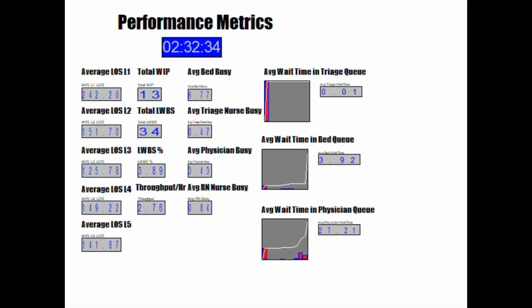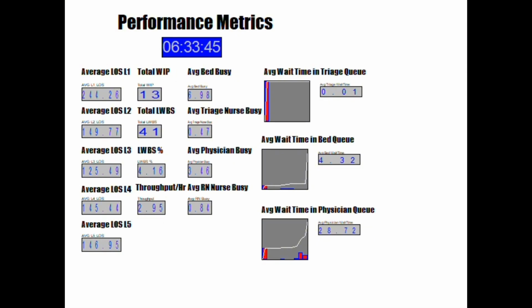For our performance metrics, we first and foremost are keeping track of the length of stay per level. Notably, level 1s have an average length of stay of around 250 minutes, and this is due to their processing times being longer at specific stations, as well as them being more likely to need various diagnostics.